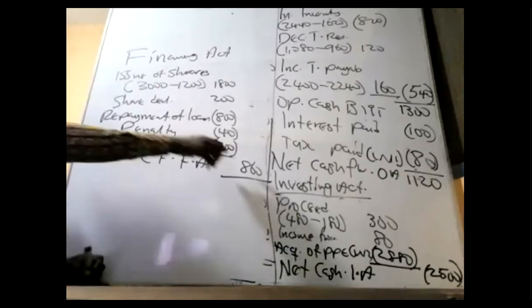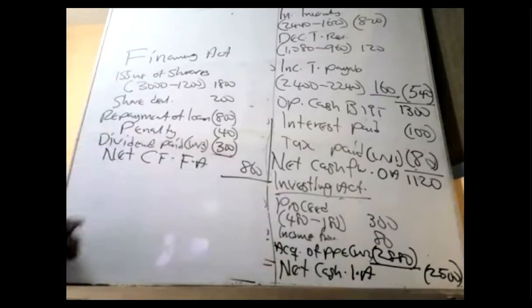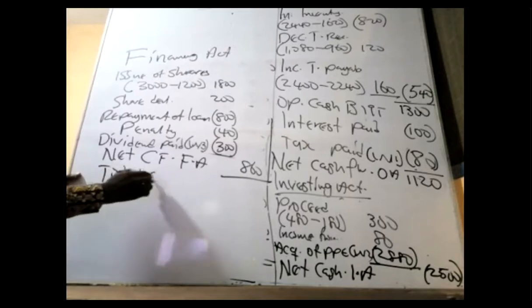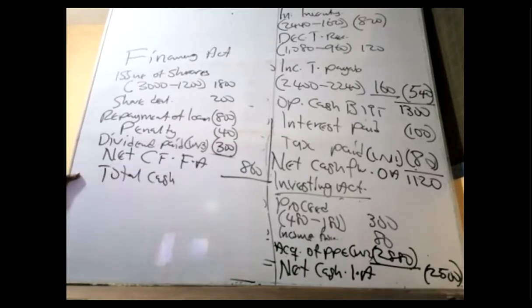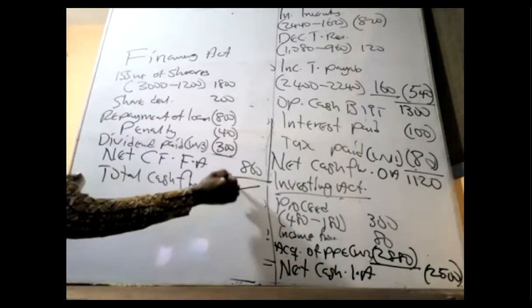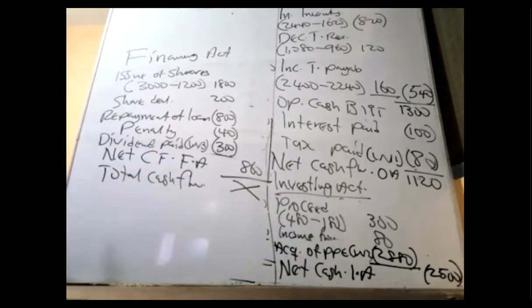Now we're supposed to add these 3 net answers so that I can get a total. We call it total cash flow for the year. I'll put a dash there for the meantime. I'm not putting any figure there because I want to take a comprehensive approach. Watch carefully how I want to get that figure.